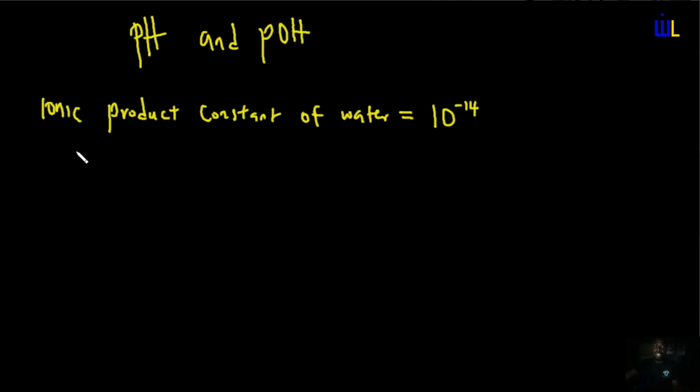It is actually a value that is gotten from the auto-ionization of water. And remember, for those of you that are writing, auto-ionization is simply described as the ionization process in which two molecules of the same substance react to produce ions.